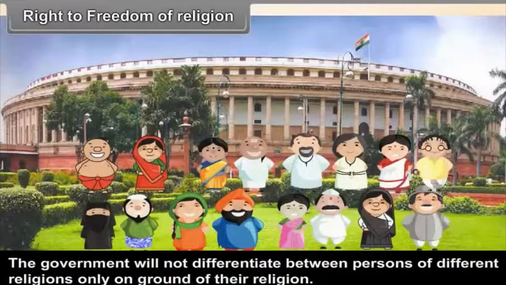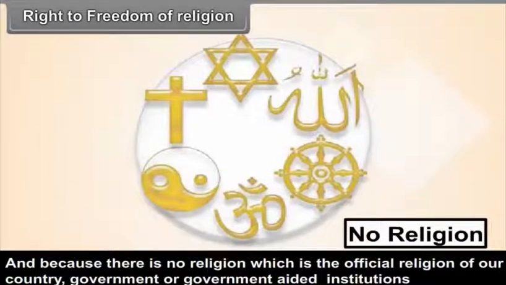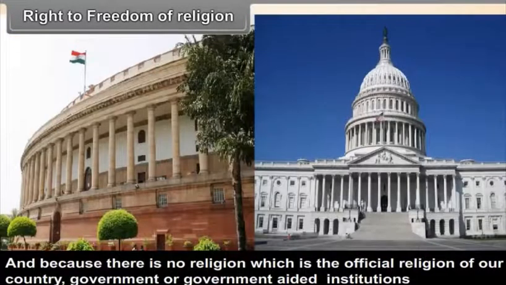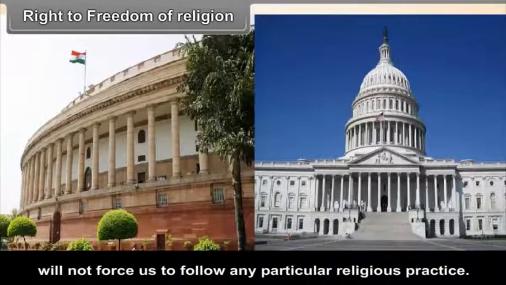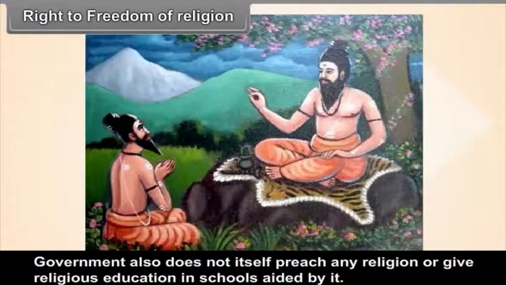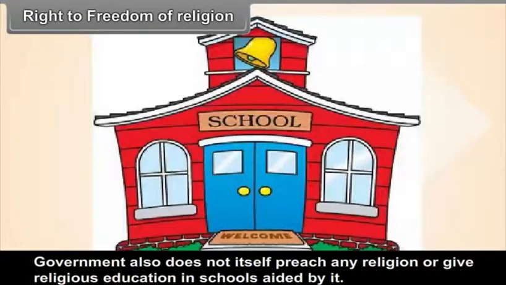The government will not differentiate between persons of different religions only on the ground of their religion. And because there is no religion which is the official religion of our country, government or government-aided institutions will not force us to follow any particular religious practice. Government also does not itself preach any religion or give religious education in schools aided by it.